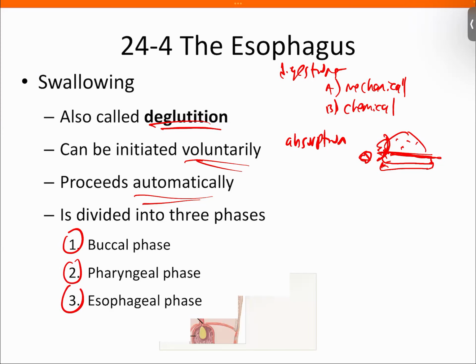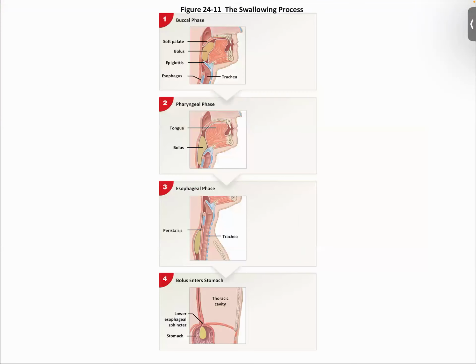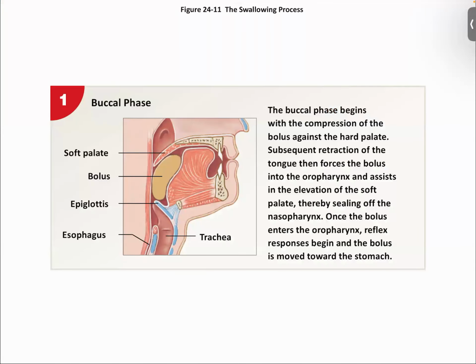So let's go ahead and take a look at each one of these. So first of all, we're going to take a look at the buccal phase. In the buccal phase, what's going to be happening is you're chewing it up in your mouth, mixing it with your saliva. It's become a nice, pasty, soft mass. Now what you do is basically you take your tongue and move it back to the back of your throat beyond your soft palate, which we refer to as our gag zone, right?